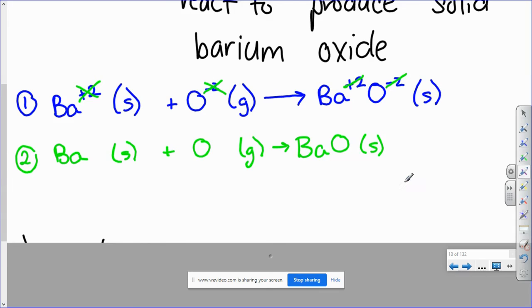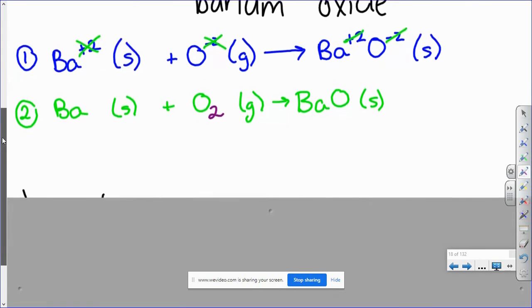Now, if we check for diatomic, Ba is not part of Brinkelhoff, but O is Brinkelhoff. Right? So that means we're just going to add a 2 subscript. And again, this equation is now unbalanced because there's two O's over here and just one on this side. But remember, balancing is not what we're worried about. We're just getting the elements and the correct subscripts.